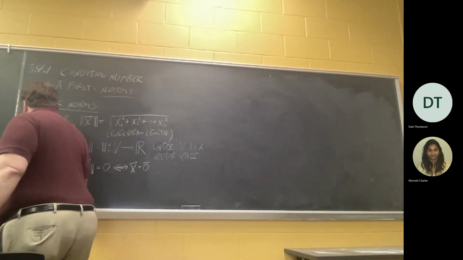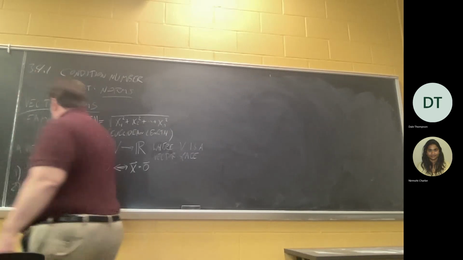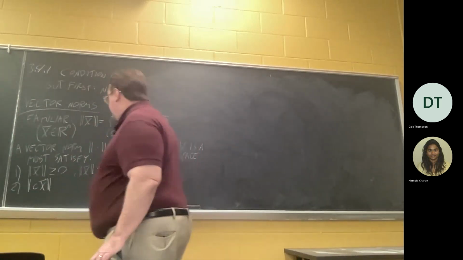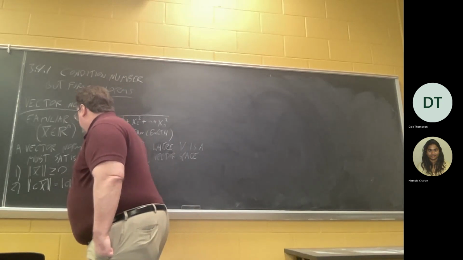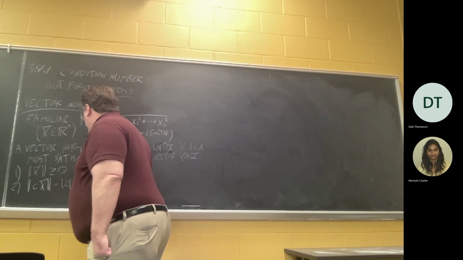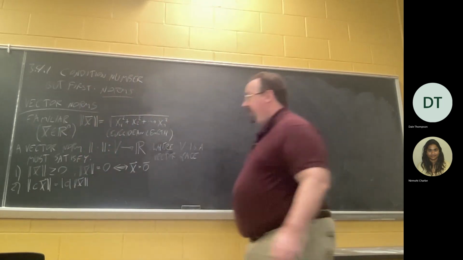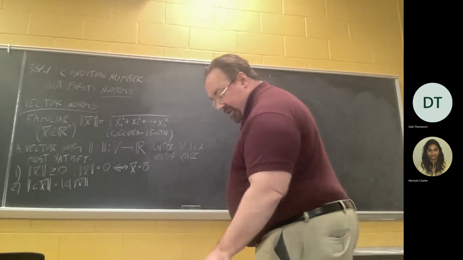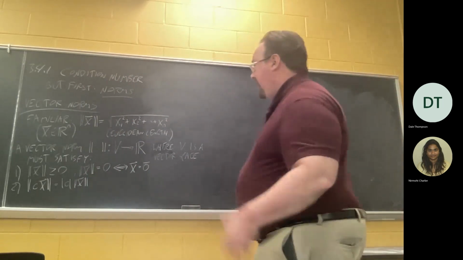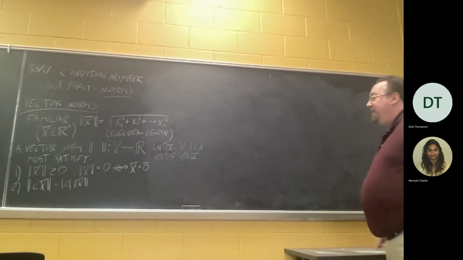Second, if you scale a vector by some constant c, then that scales the norm by the absolute value of that constant. Makes sense, because all you're doing is changing its length.